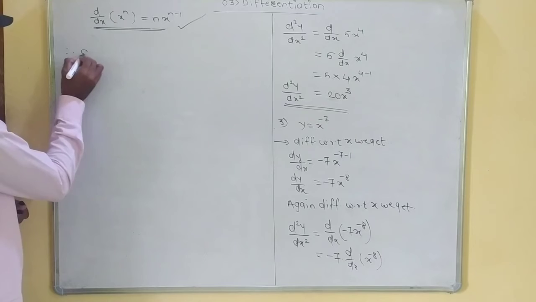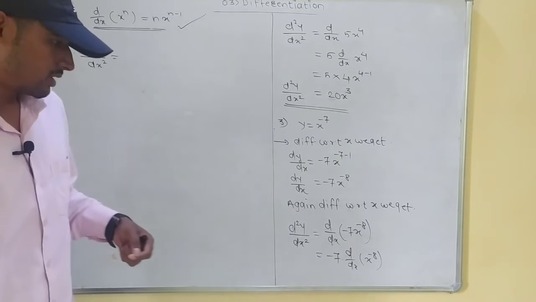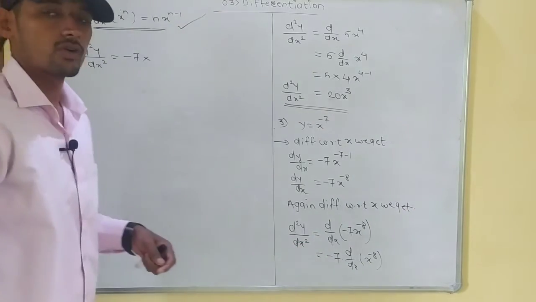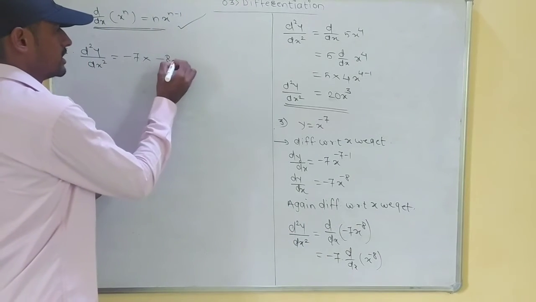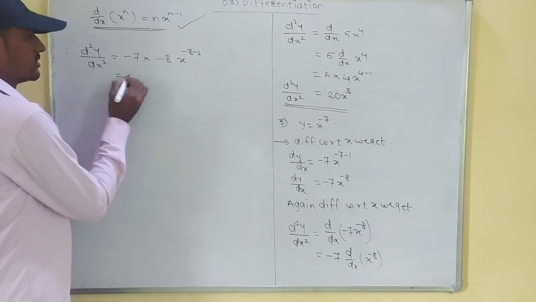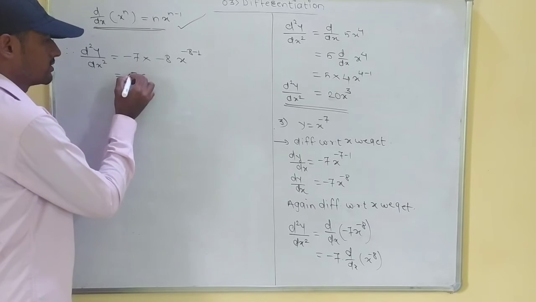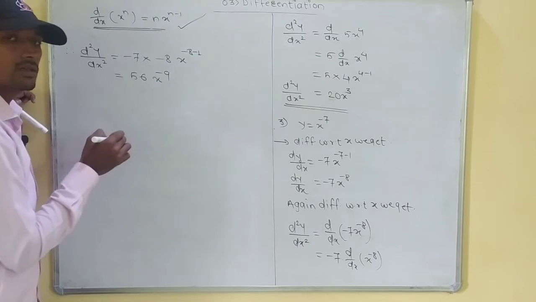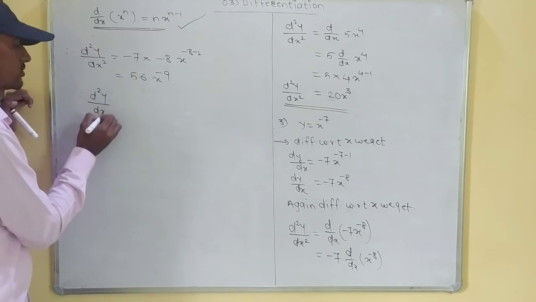So therefore d2y by dx square is equal to minus 7 as it is into the derivative of x raised to minus 8, meaning minus 8 into x raised to minus 8 minus 1, which is equal to, minus minus becomes plus, 7 8s are 56, x raised to minus 9, and this is the second order derivative.